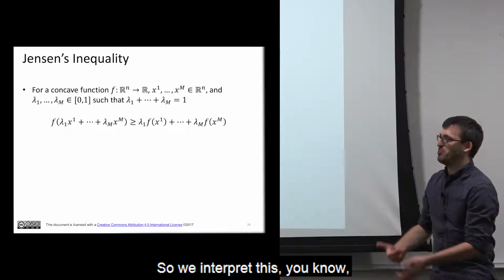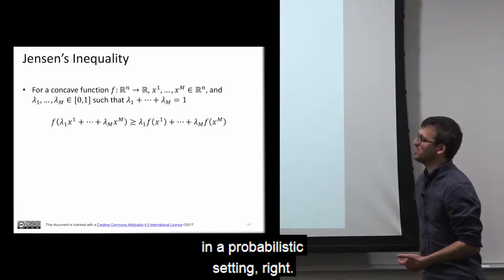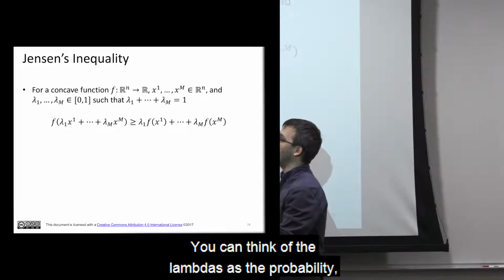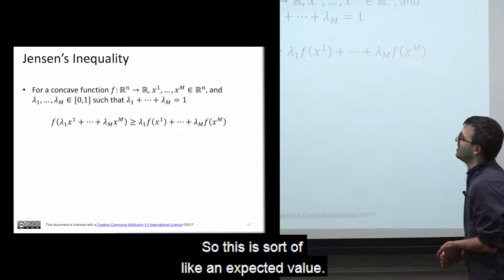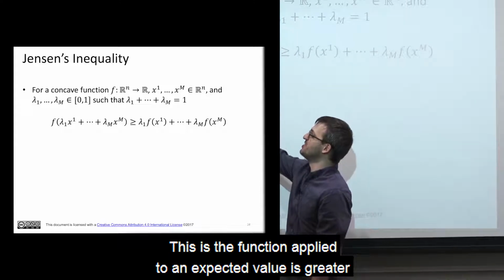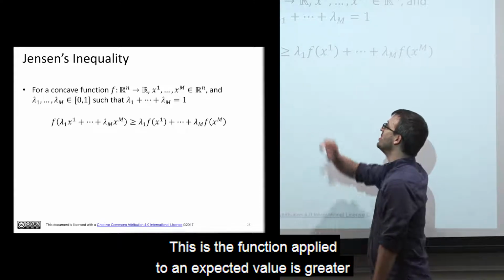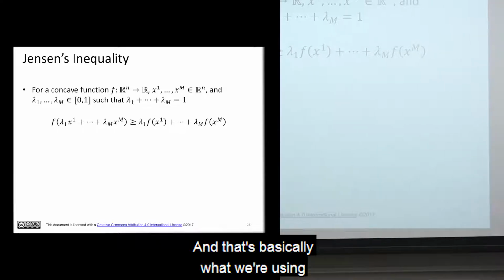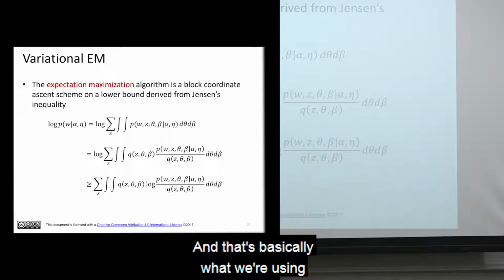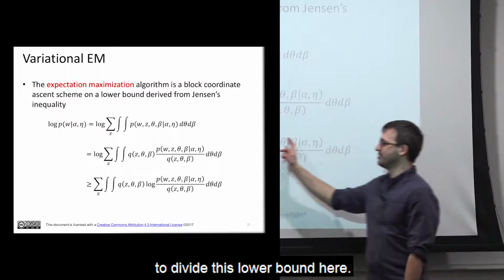So we interpret this in a probabilistic setting. You can think of the lambdas as probabilities, the probability of x1 in this case. So this is sort of like an expected value. The function applied to an expected value is greater than or equal to the expected value of the function. And that's basically what we're using to derive this lower bound here.